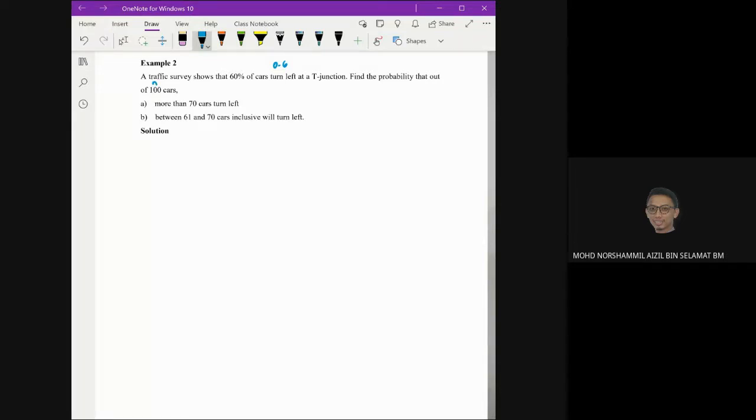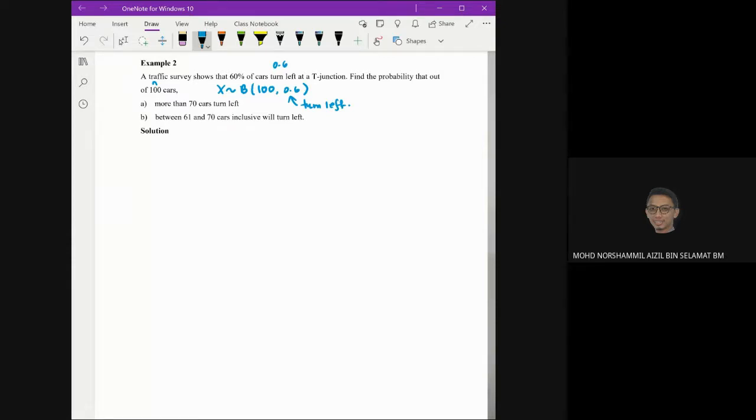So we knew already that this question is going to be conversion to normal approximation. Actually, we have binomial 100, 0.6, where 0.6 stands for turn left. Don't misunderstand. If it is turn right, it would be 0.4.